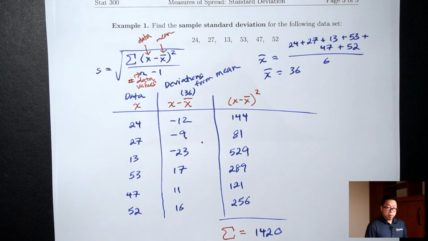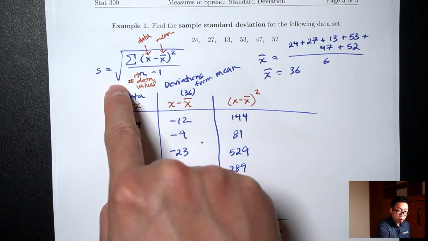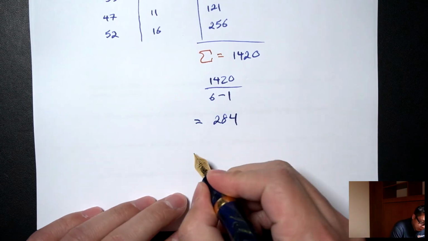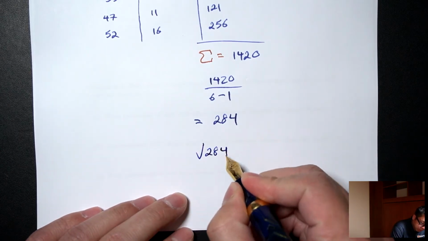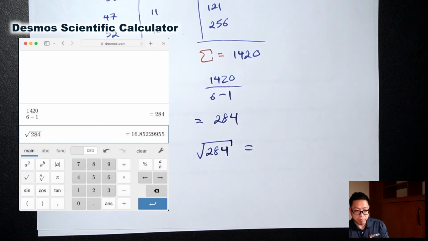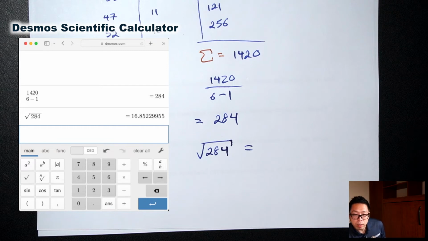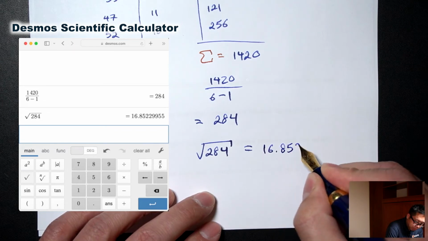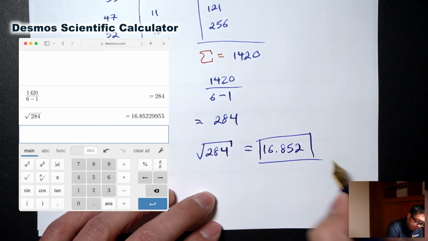One last step. The only thing we haven't done yet is this square root symbol. Take the square root. The square root of 284 is 16.852.